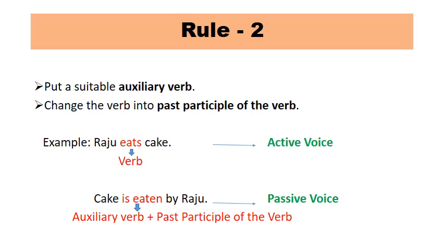First, put a suitable auxiliary verb, and second, change the verb into past participle of the verb. Past participle of the verb means third form of the verb.